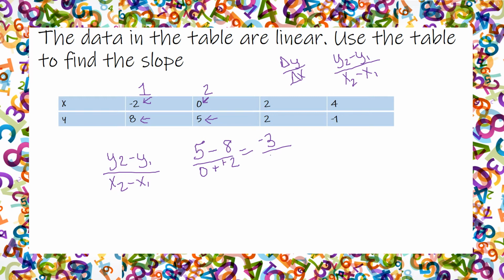So 0 plus 2 is 2. So the slope of this line, or the data in this table, is negative 3 halves. And leave it as an improper fraction, because you'll use that to graph your lines.